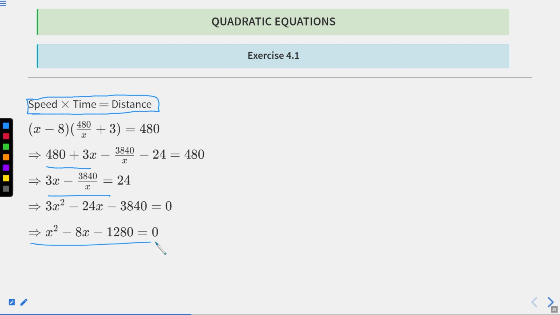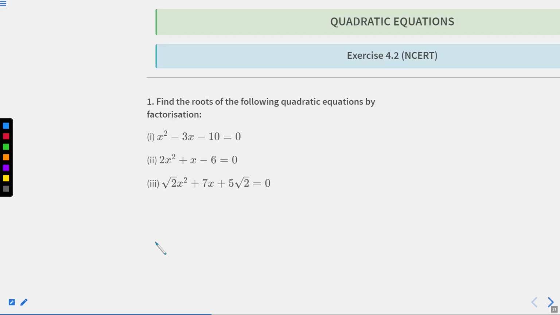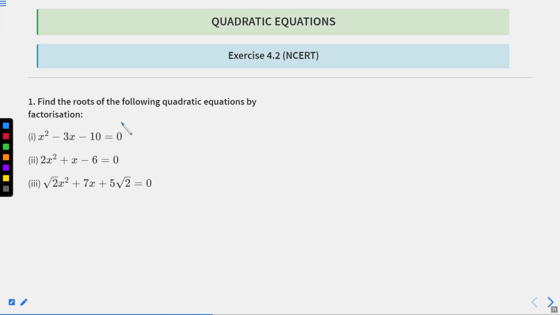Now we will start exercise 4.2. In the first question, we have to find the roots of the following quadratic equations by factorization. We studied in our previous lecture how to find the roots of a quadratic equation using the factorization method.